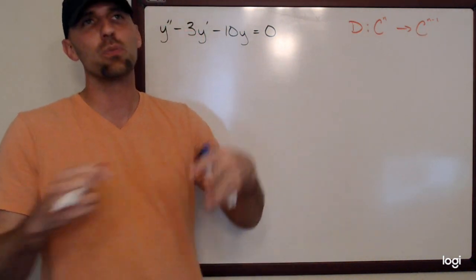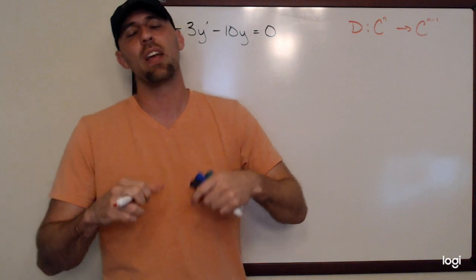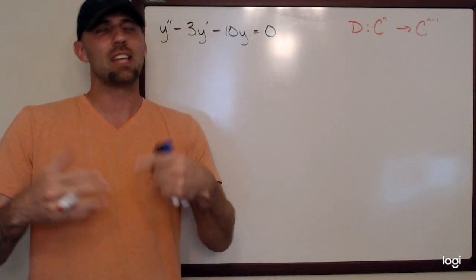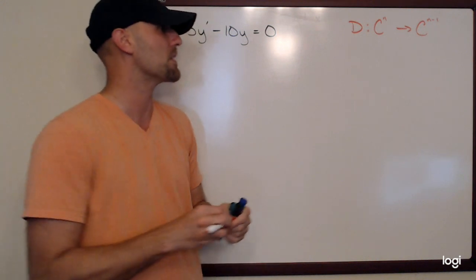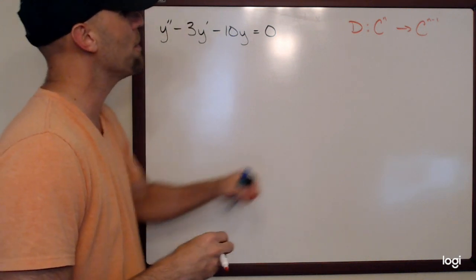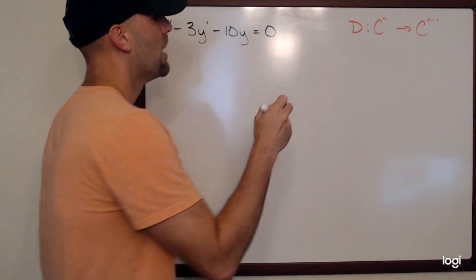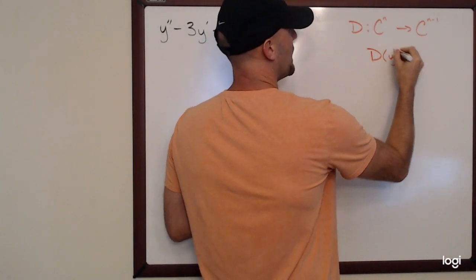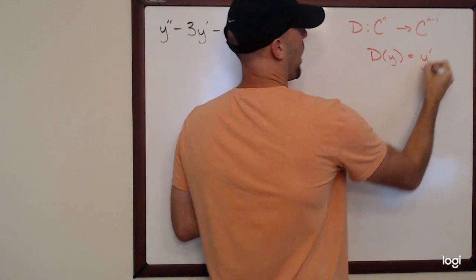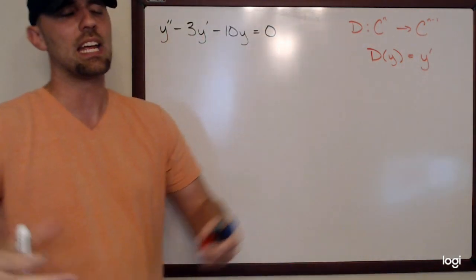So if I take a derivative of a function that has 5 continuous derivatives, the result has at least 4 continuous derivatives. It kind of makes sense. I'll define the action of D here: D of y is just going to be y prime. Again, this is literally representing taking a derivative.